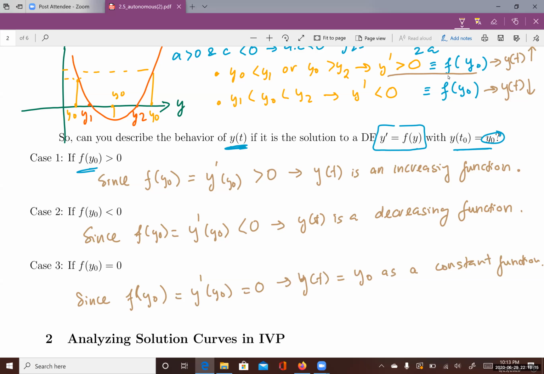That means the function is not changing. If you're starting at the point y of 0 when f of y equals 0, then the function y of t will stay the same over time.